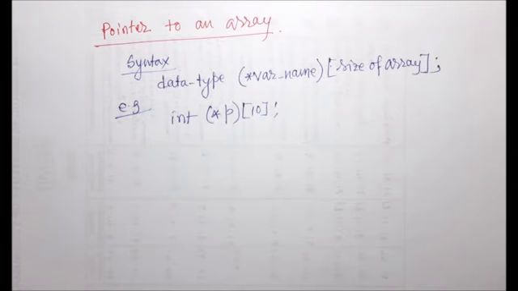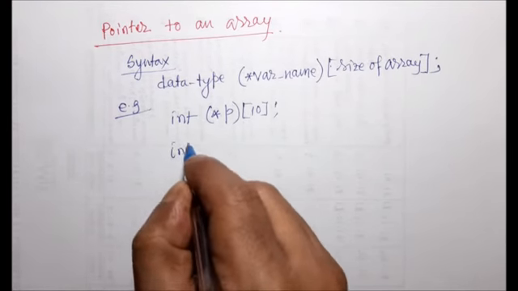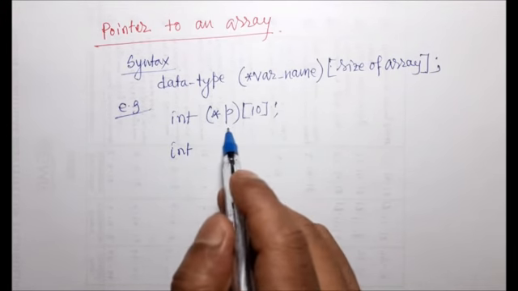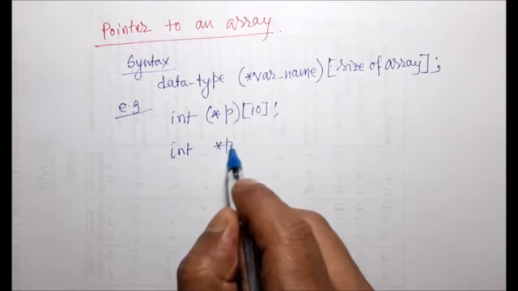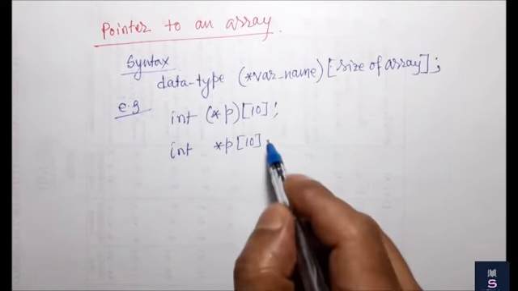Let me write a simple program. What is the difference when I declare an array, and how to use it? Suppose I take another example. You may have a doubt about why the bracket is present here. If I don't write the bracket and I write 10, what is the meaning of this line actually?